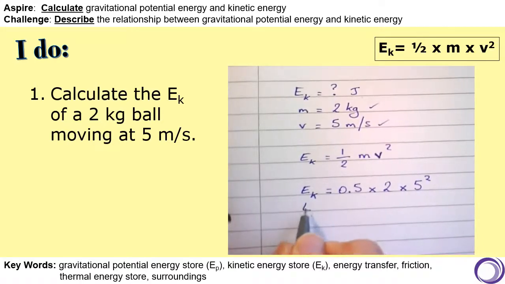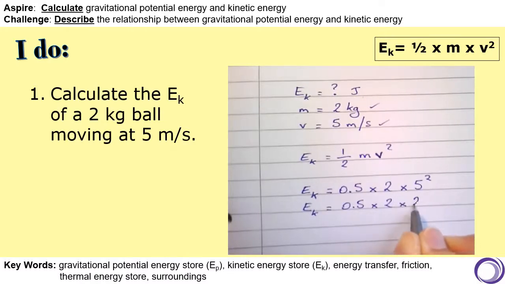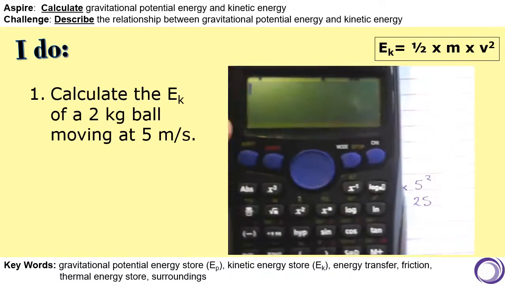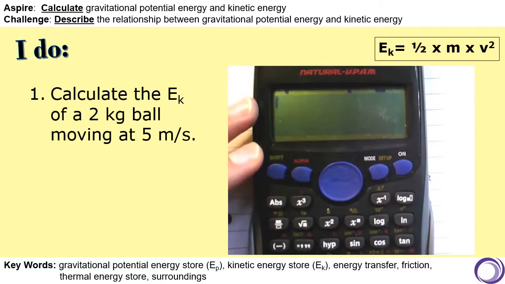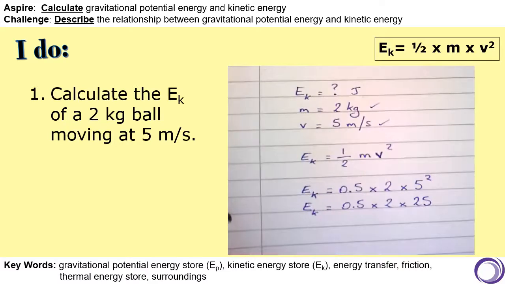You could do EK equals, leave the rest as it is, 0.5 times 2 times 25, and use your calculator to work that out if you don't know it. So now I've got a nice straightforward multiplication. Get your calculator. So it's 0.5 times 2 times 25, which is your 5 squared, equals 25. So in this question, my kinetic energy is 25 and my unit for energy is joules.